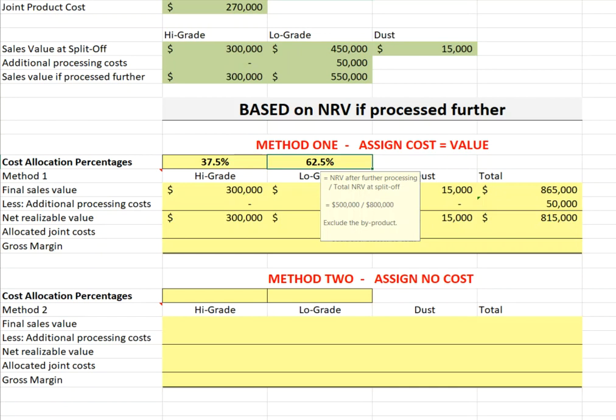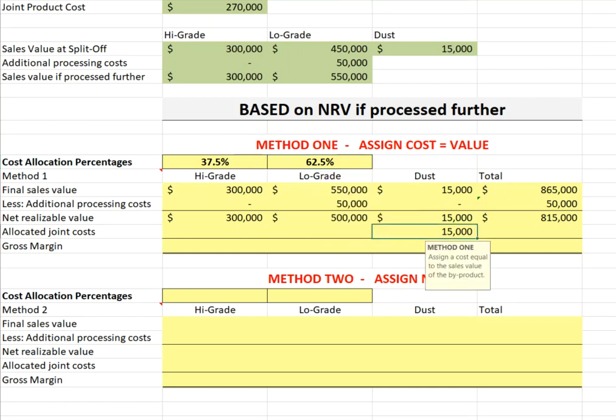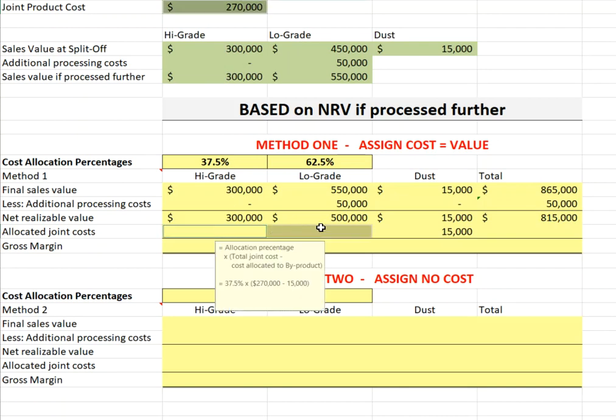Again, recall, in method 1, we assign a cost equal to the byproduct's relative sales value, and so instead of $270,000 in cost to allocate to our high grade and low grade coal, we will have $270,000 minus 15, or $255,000 in costs.